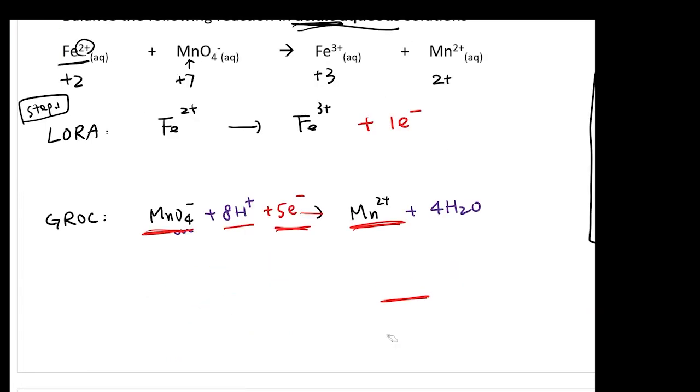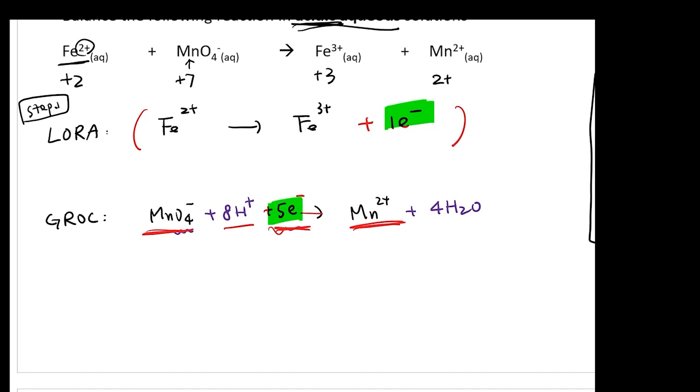Step number 4: once you put in those charges for your LEO and GER, you realize on the top you only generate 1 electron. At the bottom you need to take 5 electrons. They are not balanced. What you need to do is multiply the things on the top to match the electrons that you're going to give at the bottom.